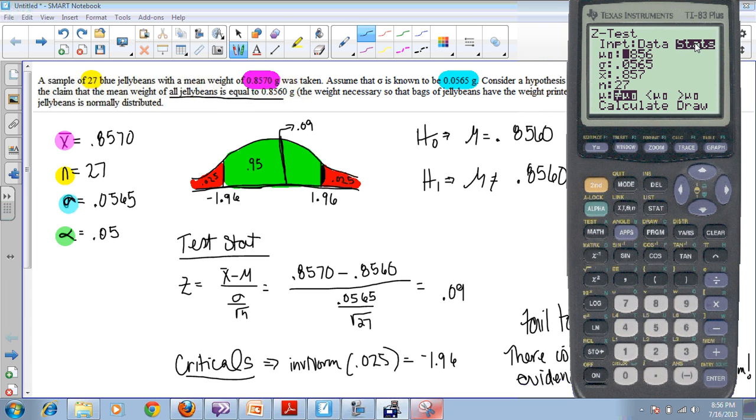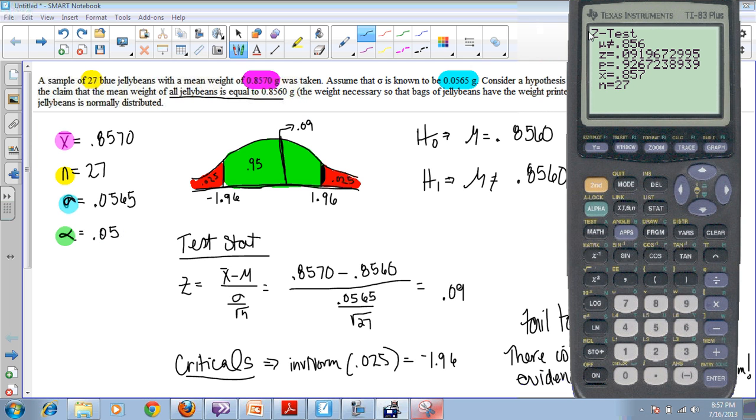I put in my null, I put in my population standard deviation, I put in my average and my n. And of course, this is still going to match whatever is going on over here in my alternate. I had a not equal sign. When I run calculate, I get my p-value. My p-value is 0.9267. 0.9267 is much bigger than this.